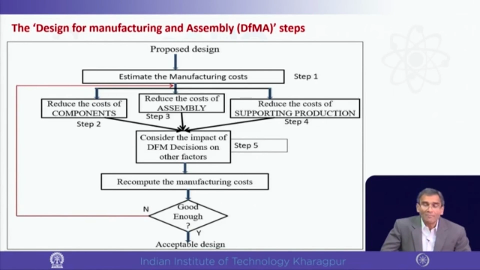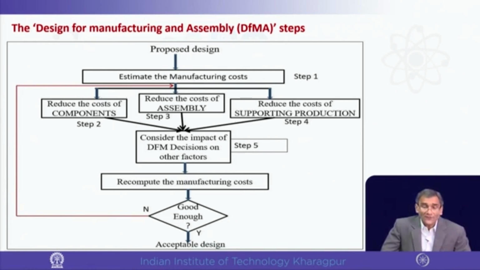So, an attempt should be made to reduce cost at every stage, as I said just now, for assembly, for manufacturing, and now I am talking about the supporting production, the manufacturing support system: jig, fixture, equipment, material handling system, everything. But one has to consider the impact of the DFM decision on other factors, like whether it is impacting the cost or the environmental conditions, whether by doing that it is becoming environmentally unfriendly, creating greenhouse gas or pollution, which is not acceptable.